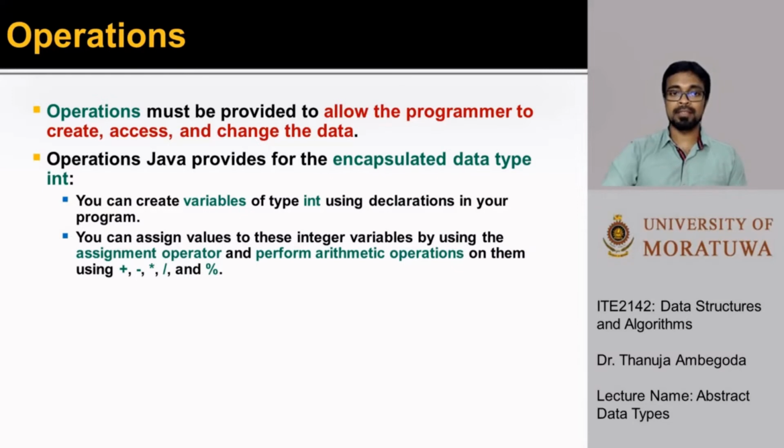You can create an int variable. You can declare them in your programs, and then you could assign values to these integer variables, and you could use certain arithmetic operations on them. You could change the values of these variables by performing arithmetic operations like plus, minus, multiplication, division, and modulo.